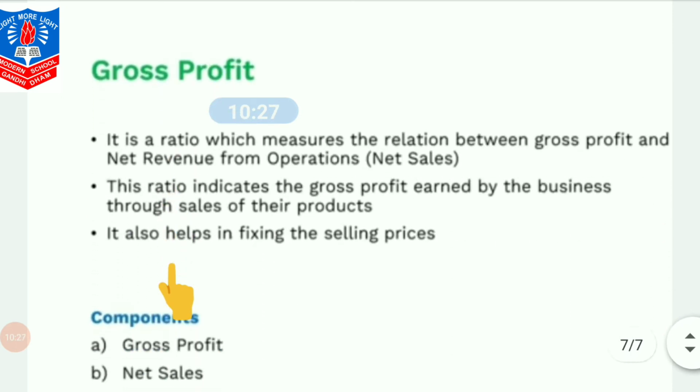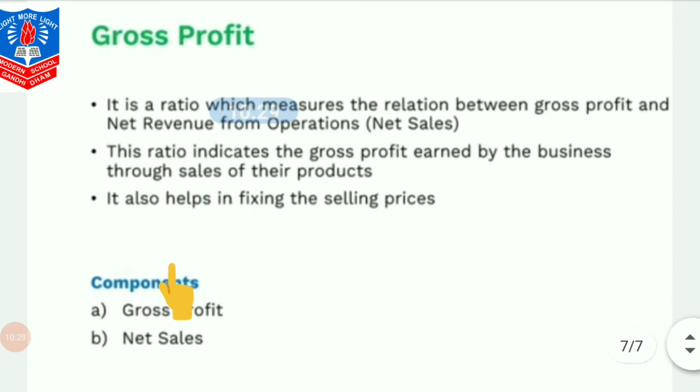Let us start with the first one in this category, GP, as the name suggests, gross profit ratio. It is the ratio which measures the relationship between gross profit and net revenue from operations. Net revenue from operations, again you will say what? Net sales. Net sales is total sales minus sales returns.